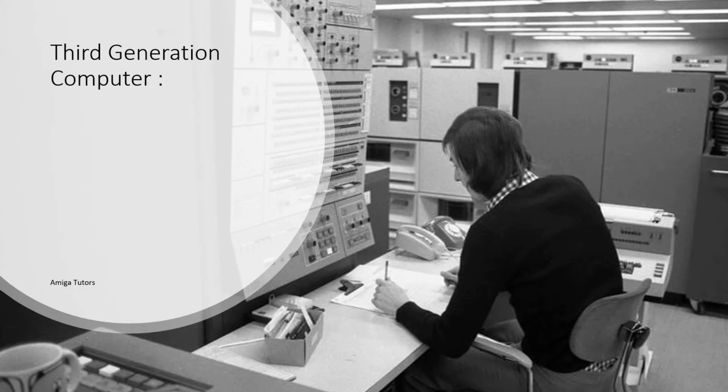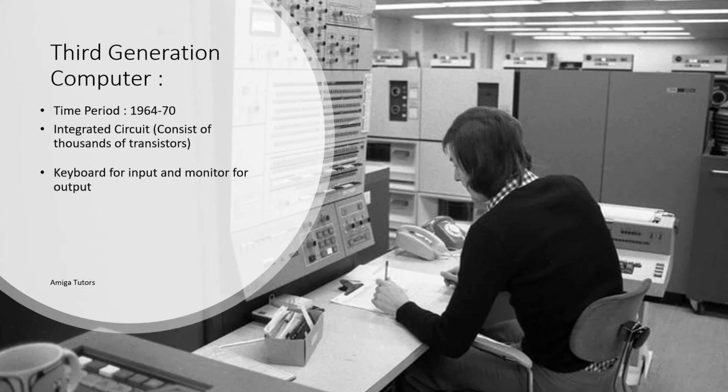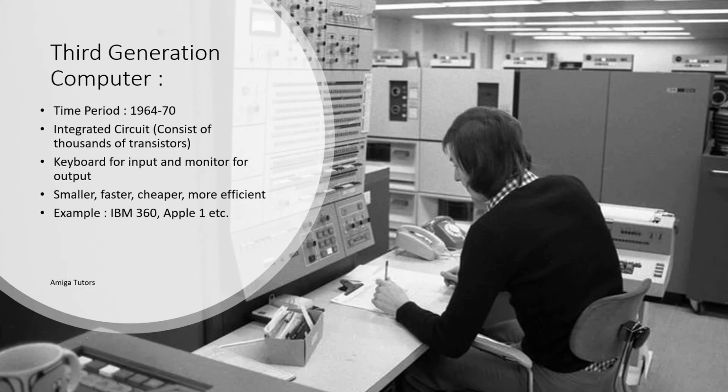Here it comes, the third generation of computers. Its time period was from 1964 to 1970. It used integrated circuits, which consist of thousands of transistors. And here the first keyboard was introduced.